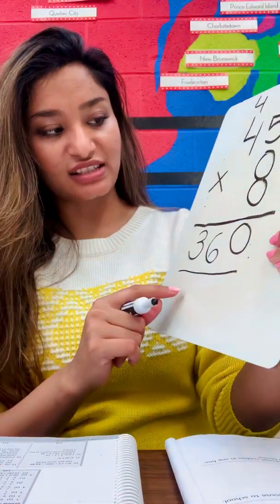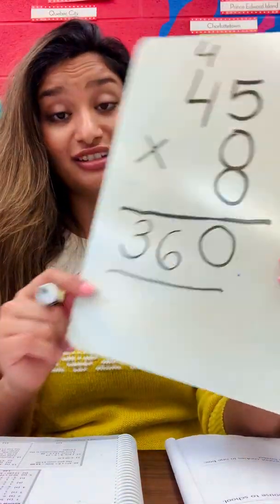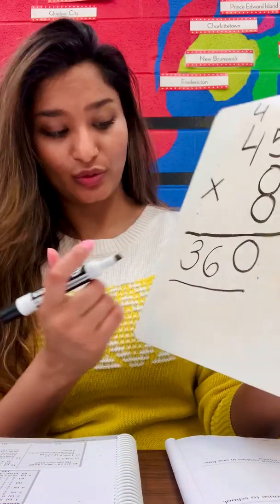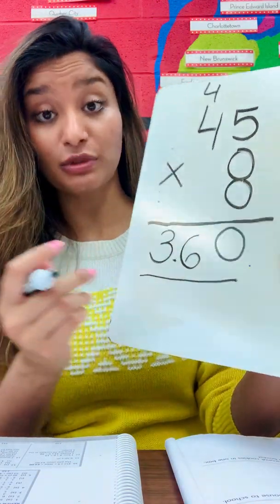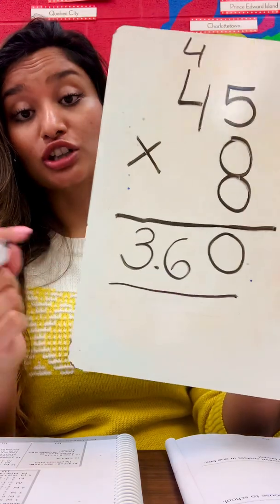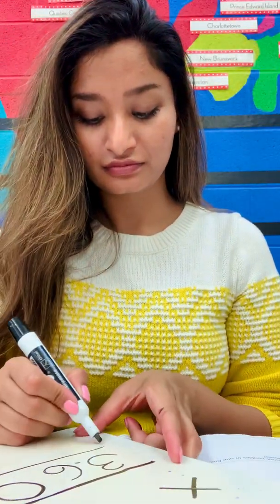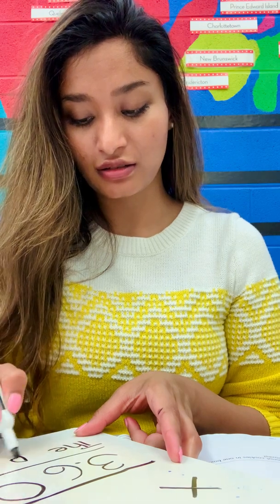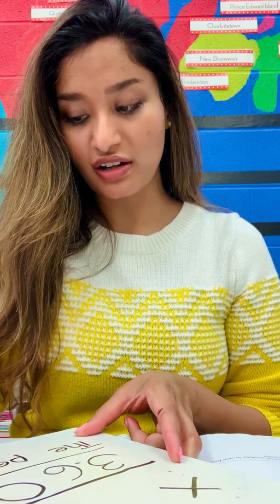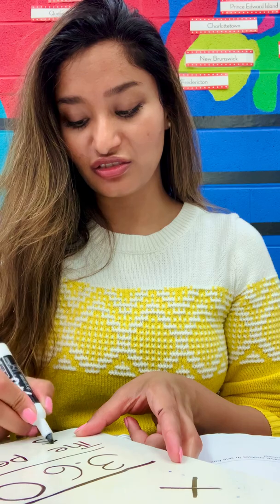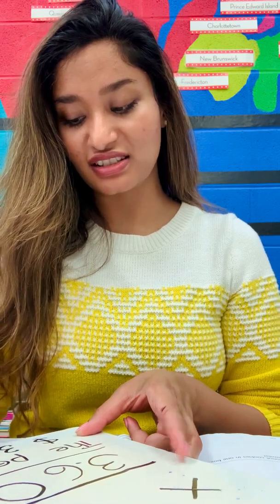So, is the cost of the pen $360? No, I need to remember to put my decimal because I'm working with money. So the cost of the pen is $3.60. So the pen costs $3.60.